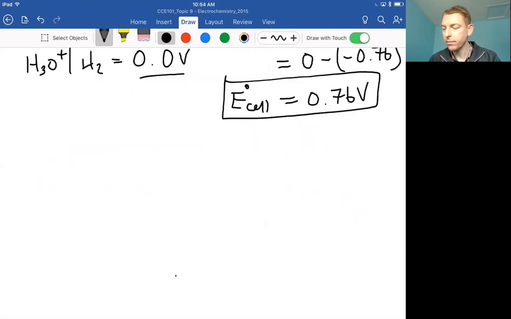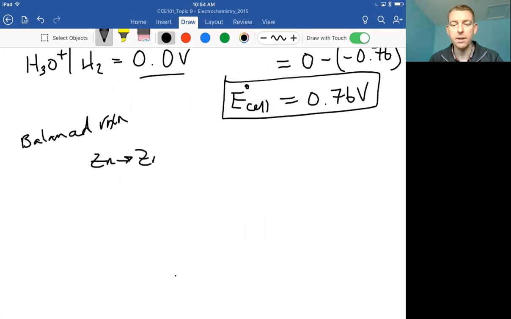So we also need the number of moles of electrons that are going to be in this reaction. So let's do the balanced reaction. Okay, so we have zinc getting oxidized into zinc 2 plus and 2 electrons.